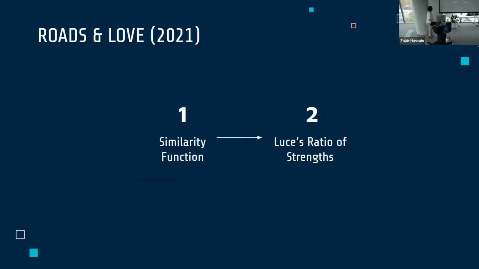And that had two core components. The first was a similarity function. The idea is you receive a target image and you look at your other options, your option set, and you compare their similarities to the target image, in this case, using Luce's ratio of strengths.